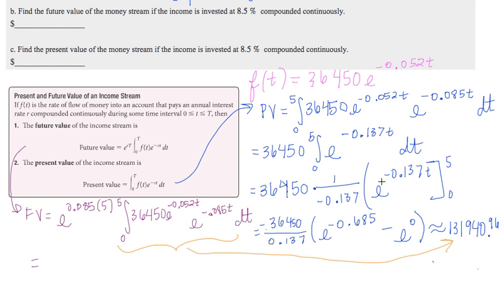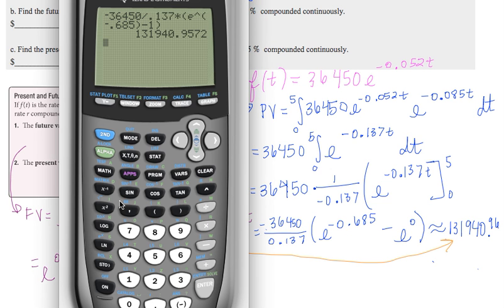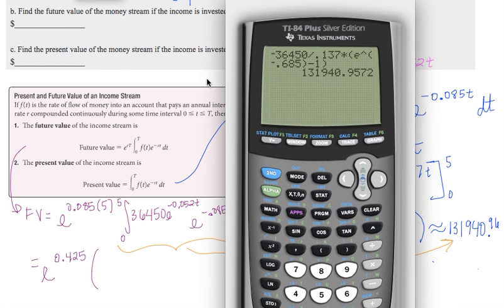So I'm going to use the unrounded version. So over here we have e to the 0.085 times 5, which is 0.425, times this integral. I'm going to use the unrounded value definitely here, so that I don't have any rounding errors.